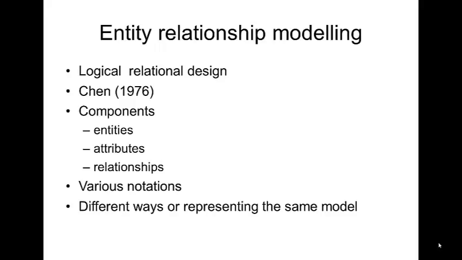It originates in Chen in 1976, and the original Chen paper is on the reading list. The purpose is to identify the components that make up your system, the entities of your system, their attributes, and the relationships between entities.